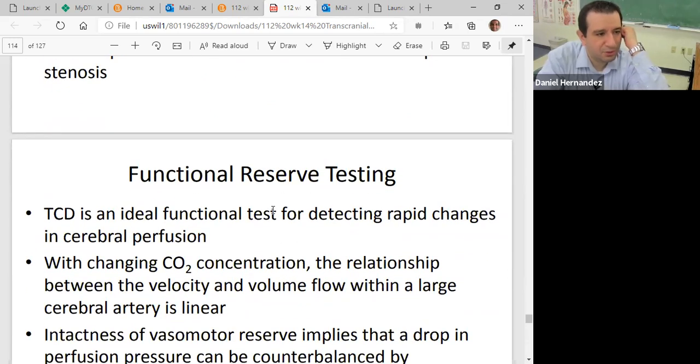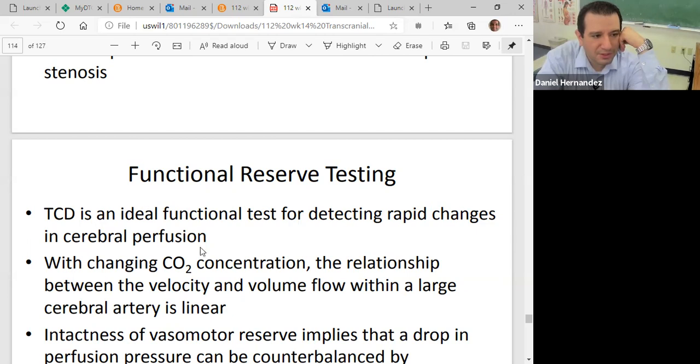So, functional reserve testing. Functional reserve refers to how much the vessel is able to dilate. TCD is an ideal functional test for detecting rapid changes in cerebral perfusion.